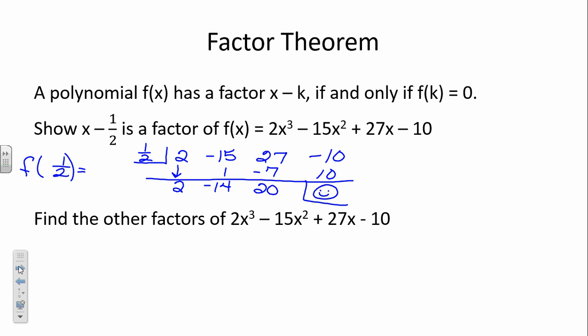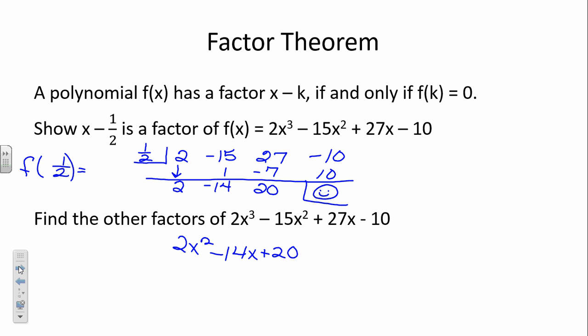Okay. Now if we are trying to find the other factors of this big bad boy, and we know that 1/2 was a 0, we've now depressed our equation, haven't we? It's no longer x cubed, which would be a pain to try to factor, right? We could factor by grouping. But now we have a 2x squared minus 14x plus 20. Because it was cubed, now it's squared.